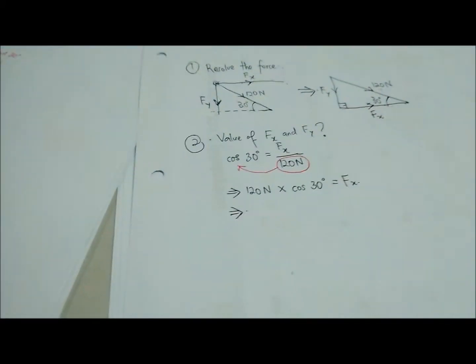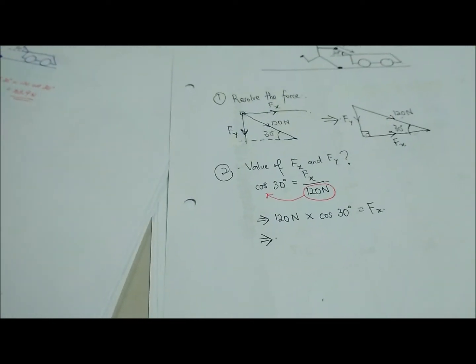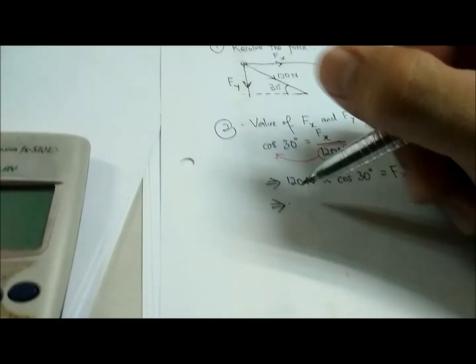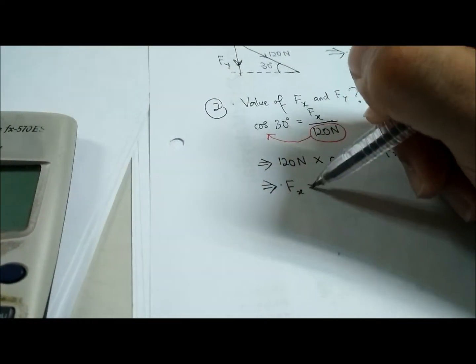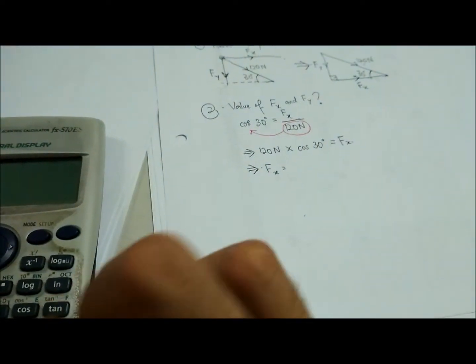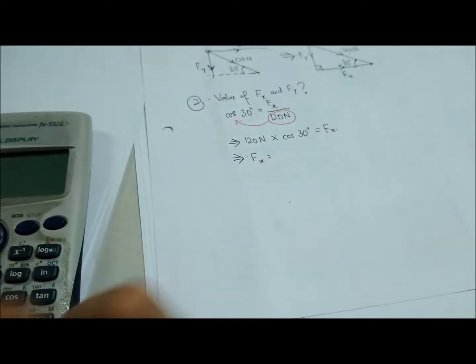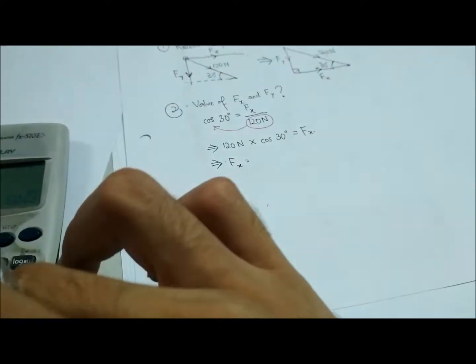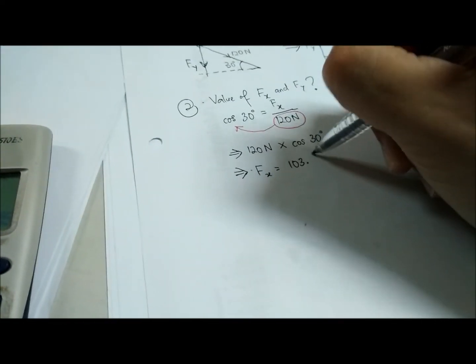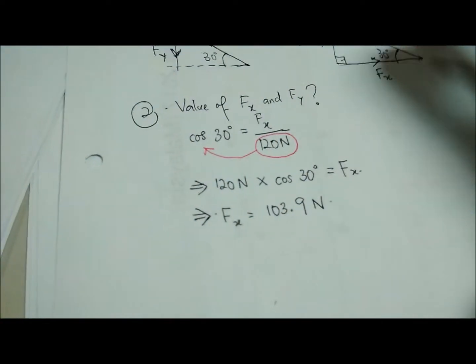Therefore, Fx is 120 times cos 30 degrees, so you will get 103.9 Newton. That is the value of Fx.